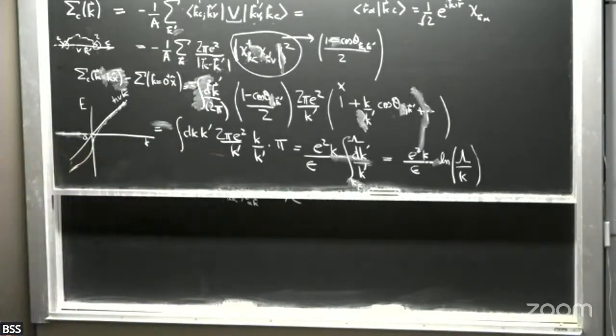Well, because when he integrated over K prime, he ignored the K inside the denominator. He expanded. But if you didn't, then it would be a function of the cutoff. So it is the same K. It's that K.